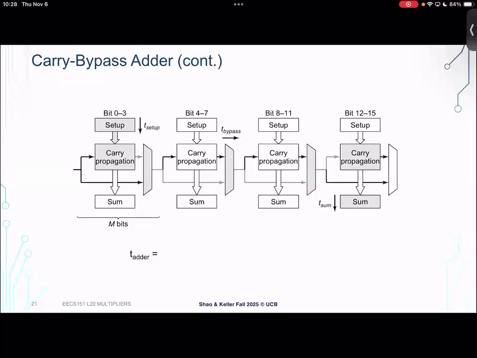And all of that is happening in parallel. So the bits arrive, we calculate P and G and K. The critical path is going to be doing the calculation for the first set of bits, 0 to 3. So our critical path has T setup.